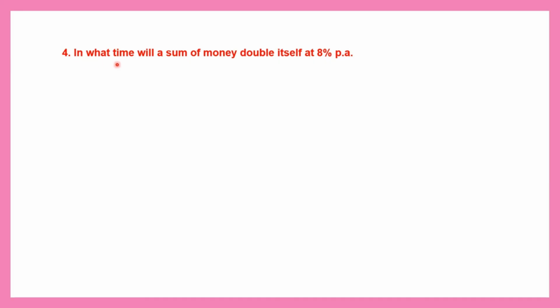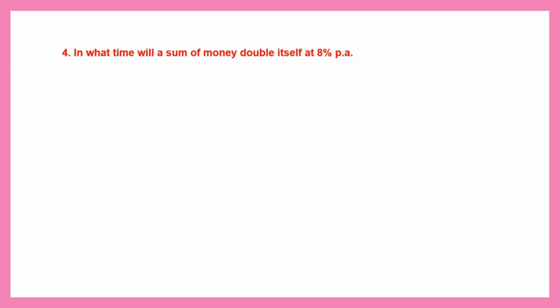Question 4. In what time will a sum of money double itself at 8% per annum? So what are we asked to find? We are asked to find time. And we are told that a sum of money, that is principal, will double itself and become the amount. So you have principal in the beginning. It will double itself at 8% per annum. And how long will that take?